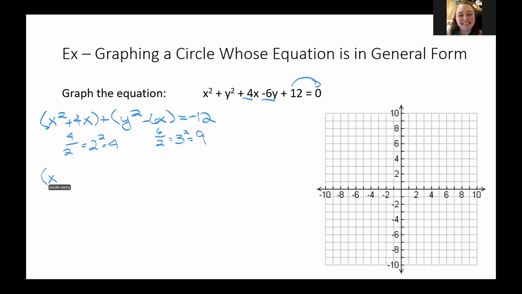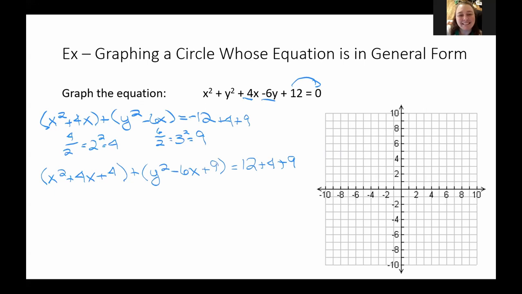So x squared plus 4x plus 4, we need to add 4 here, plus y squared minus 6y plus 9, equals 12 plus 4 plus 9. I did the same thing to both sides, so I'm not out of balance here. Whatever I do to the left, I do to the right, and it keeps everybody in line.